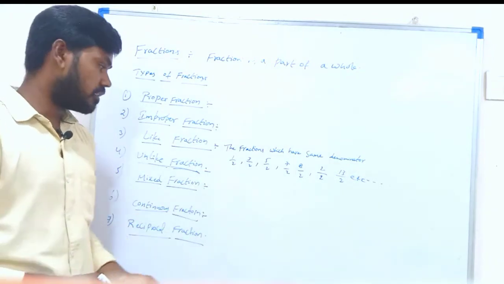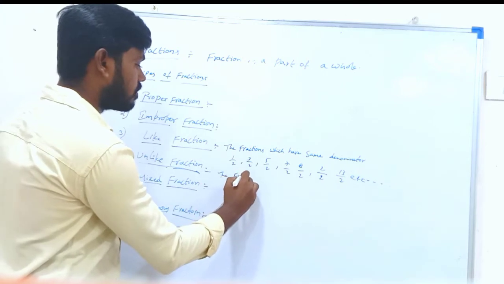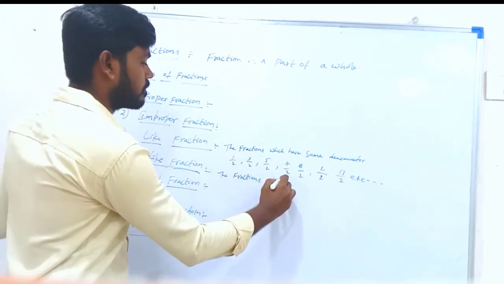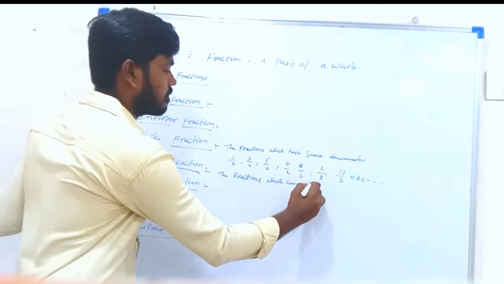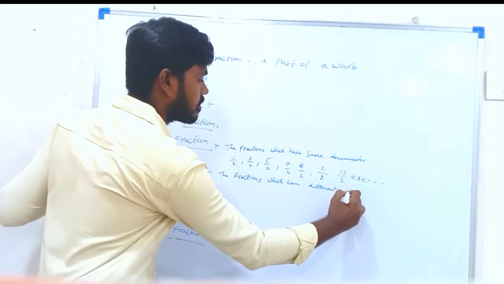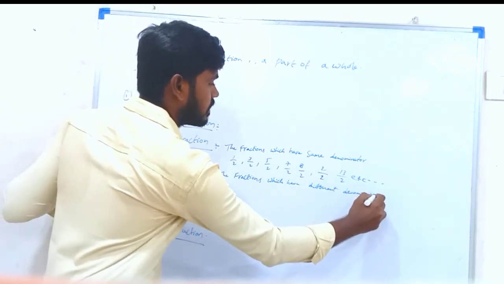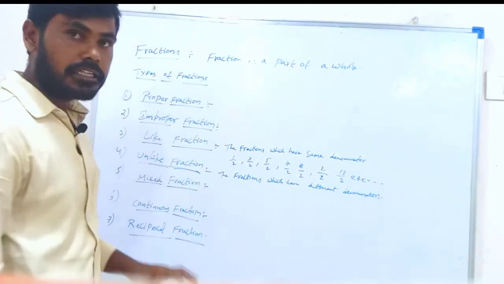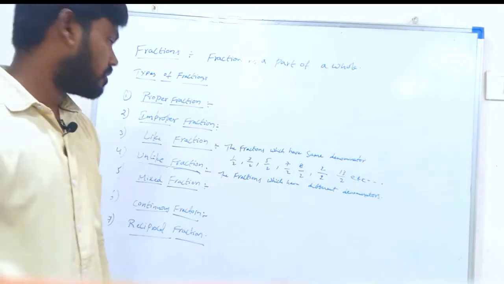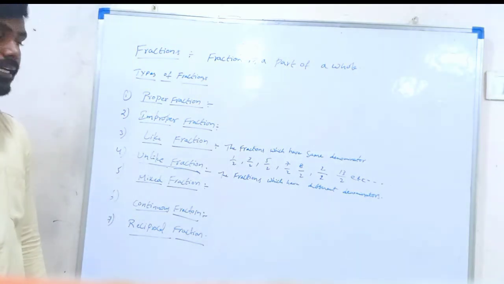Unlike means different. The fractions which have different denominators are called unlike fractions.